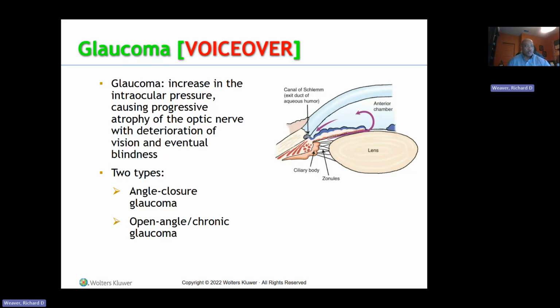It explains the two types: the angle closure glaucoma and the open angle or chronic glaucoma. So take a look at that first, and then come back and listen to me. That way you'll get a much better idea as to what this is all about.